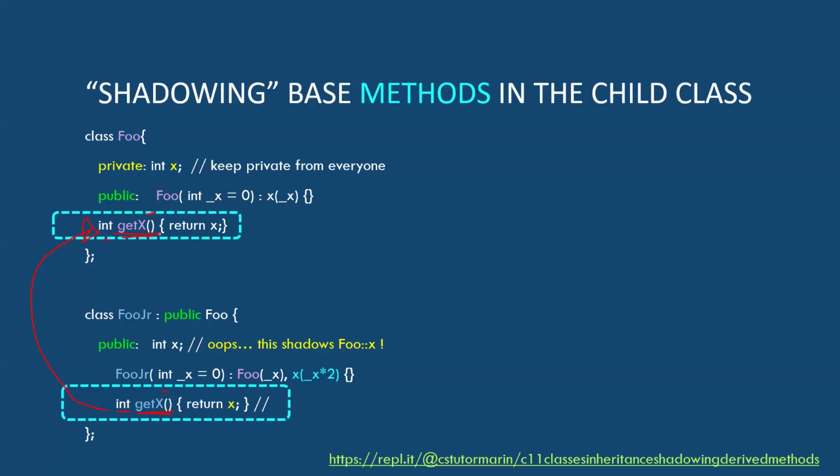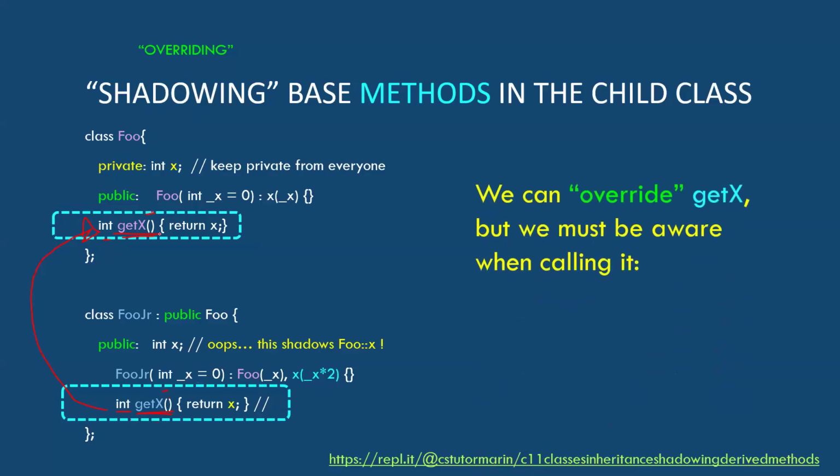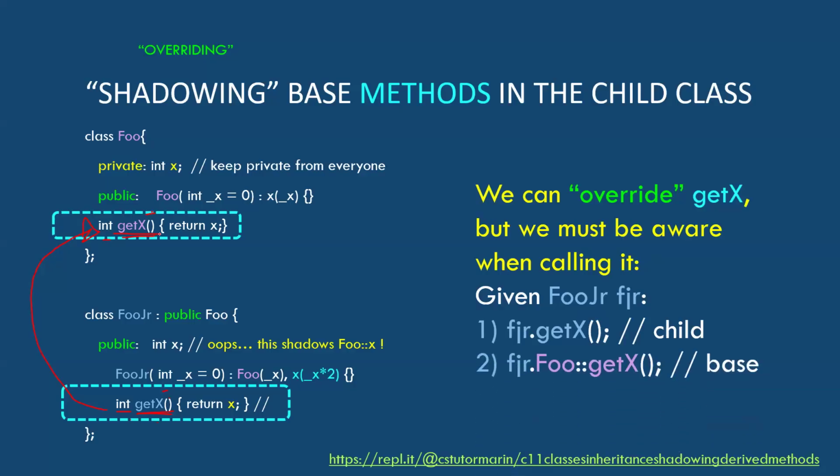But that's how we would actually do that. So that is called override, and it has some useful things. So I can say foo junior.getX, and it will default to the child's derived getX method. If I explicitly call the base class method, it will bypass the child's method and go get the base class one.